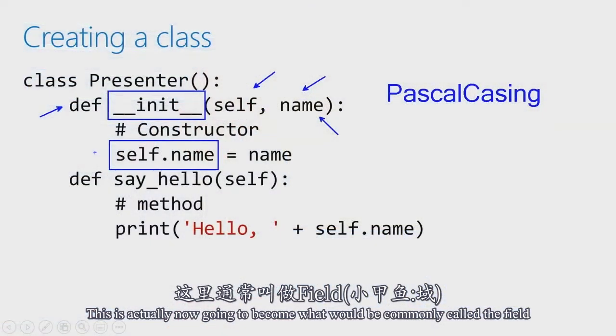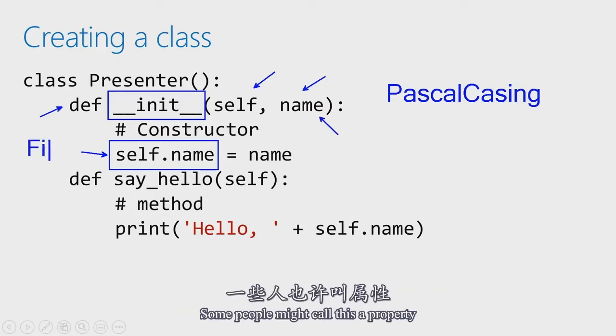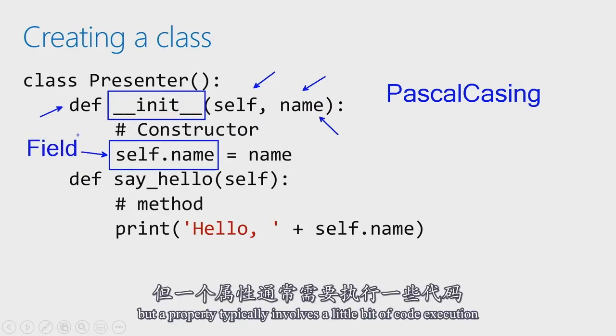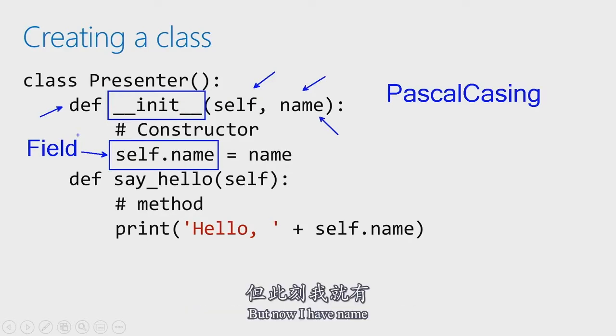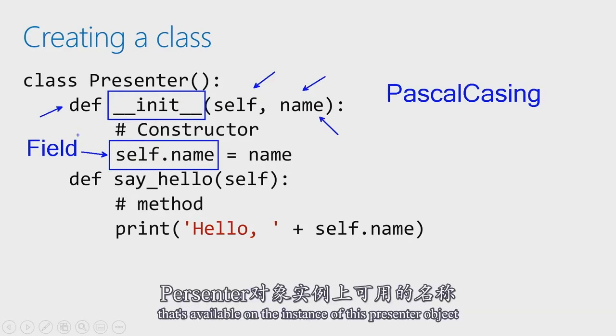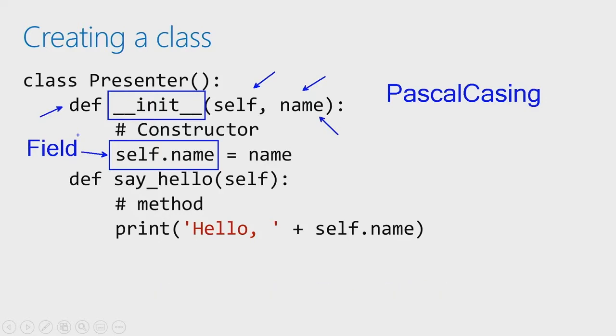This is actually now going to become what would be commonly called a field. Some people might call this a property, but a property typically involves a little bit of code execution. We'll see that in just a couple of moments here. But now I have name that's available on the instance of this presenter object.